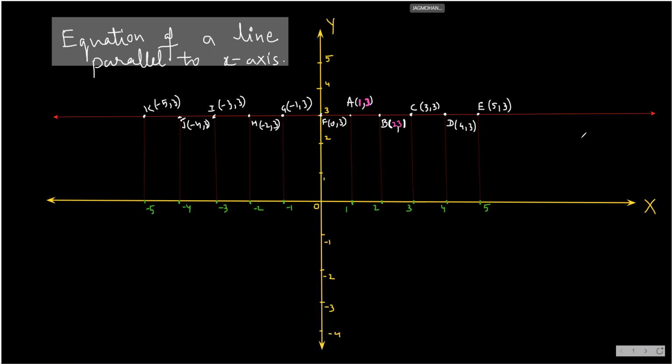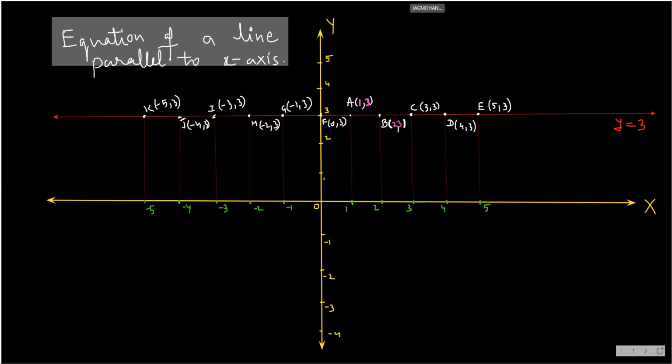What is the identity of this line? I will say that this line is y equals 3. Why? Because all the points on the line have y coordinate equal to 3.